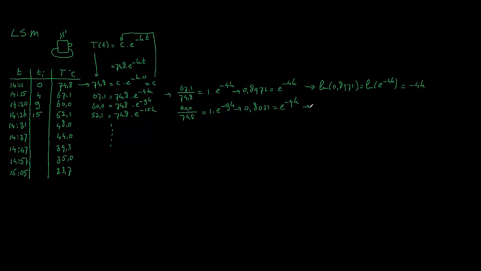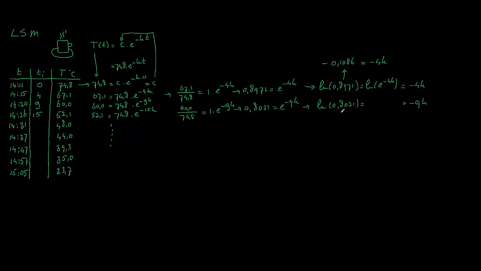So I take the ln over here, so I have ln 0.8021 equals, well, minus 9k, etc. Of course, we can calculate these numbers because this is something like minus 0.1086 equals minus 4k.